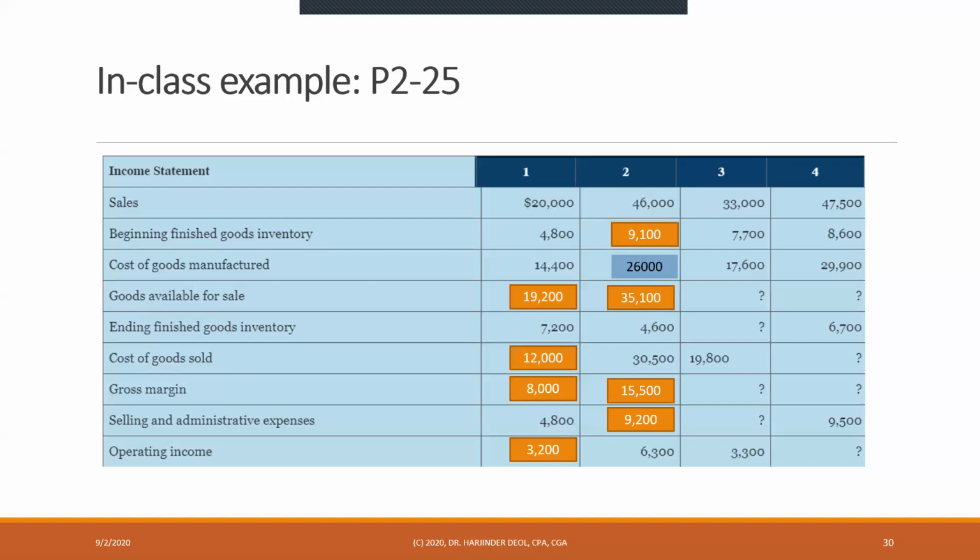Case 3 is somewhat similar to case 1 in the sense that you have to first calculate the goods available for sale, which is beginning inventory 7,700 plus the cost of goods manufactured 17,600, or $25,300. Out of the $25,300 available for sale, if we sold goods costing 19,800, then the difference, 5,500, represents the cost of the ending finished goods inventory.